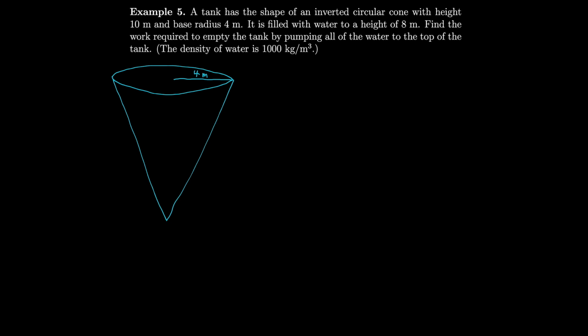So we're filling this with water, so let's say it's filled up to a height of 8 meters. So let's see if I can draw a 2 meter difference. If this thing's filled up to a height of 8 meters, then that means that the water is 2 meters away from the top. The total height of the tank is 10 meters.